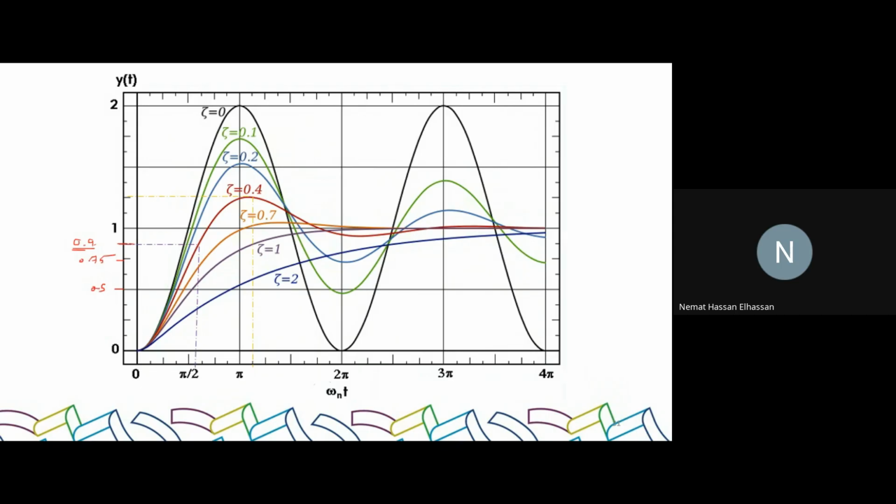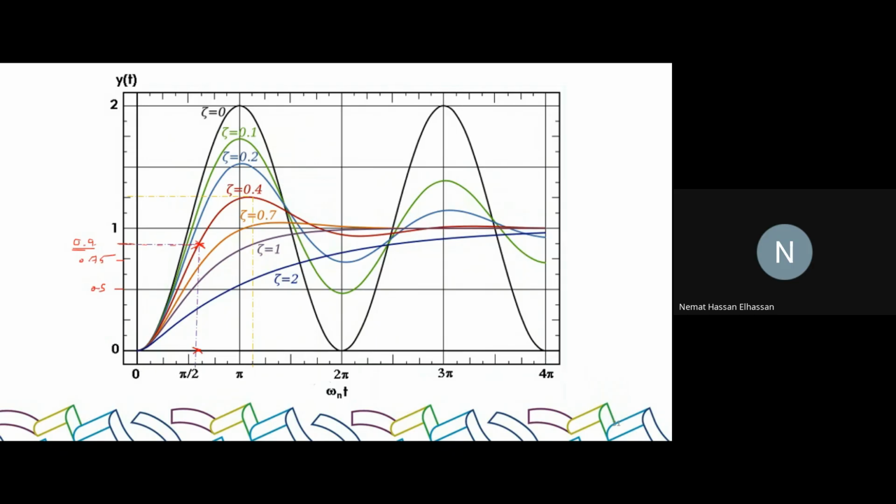So this is where 0.9 is. I'm going to find the intersection point of 0.9 with my graph of zeta equals 0.4, and then see where that is on the x-axis.